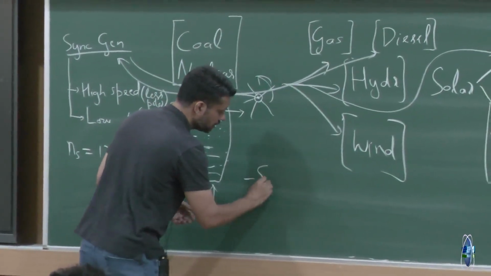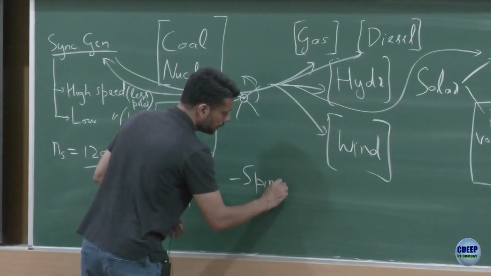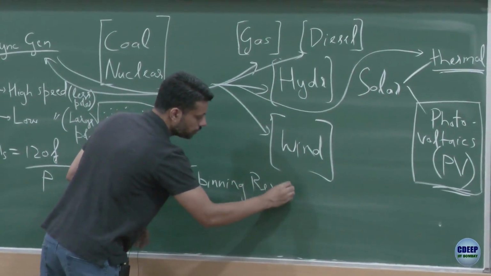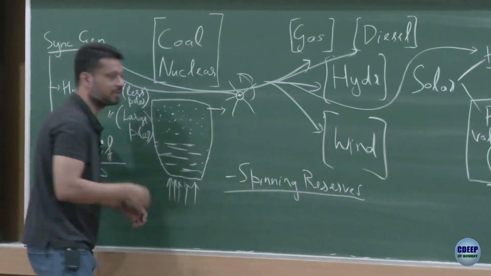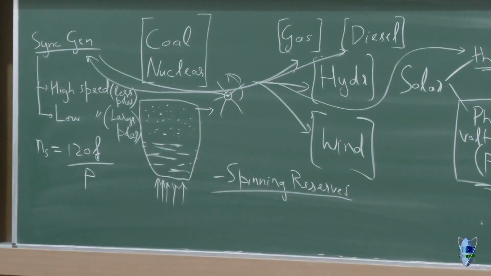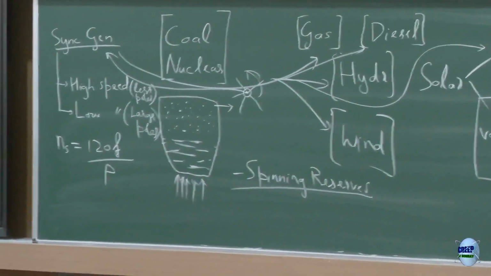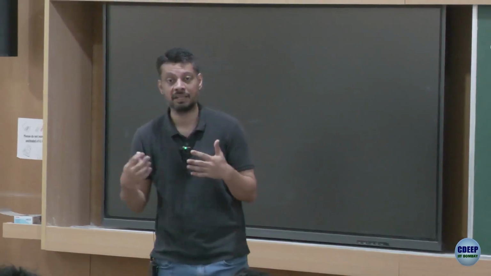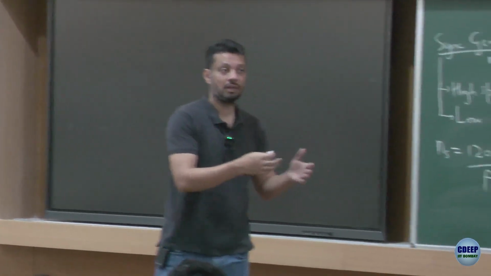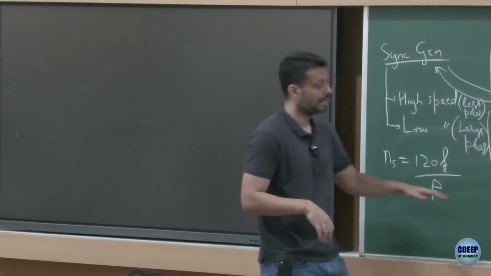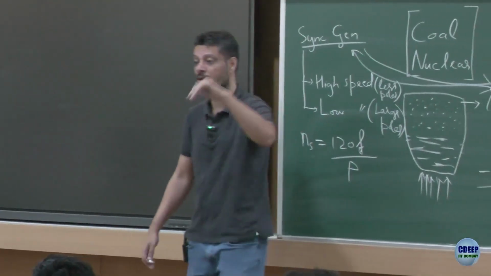As the name suggests, they are spinning and they are reserved. It could be a dedicated generator completely on as a reserve, or one generator whose 70% or 80% of the capacity is being used, but the remaining 30% we could have drawn and are not drawing, keeping it as a spinning reserve just in case some load comes up suddenly.